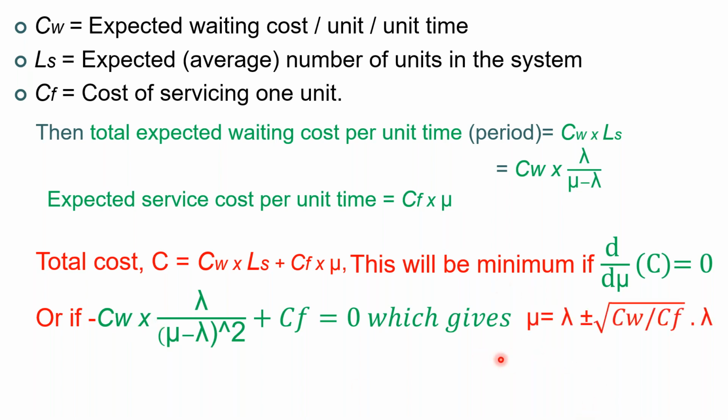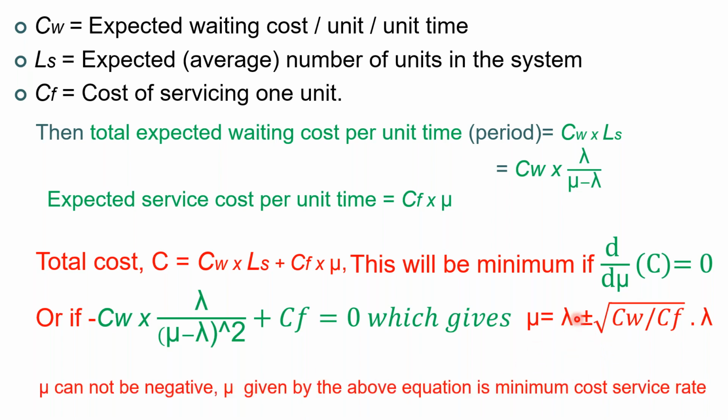How to compute mu? So mu is equal to lambda plus or minus under root CW by CF into lambda. Now this lambda is outside, so lambda plus or minus under root CW divided by CF into lambda.